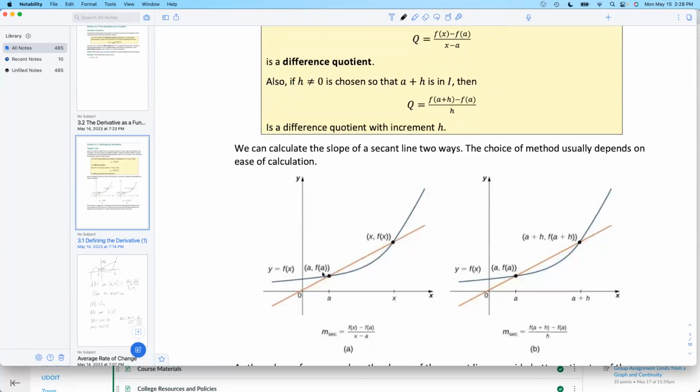So I have some function here, and I've got these points at x equals a and at x equals x. And then just change in y over change in x would tell me the slope of this orange line here. The derivative is when we let these points get closer and closer and closer together until they just become one single point.